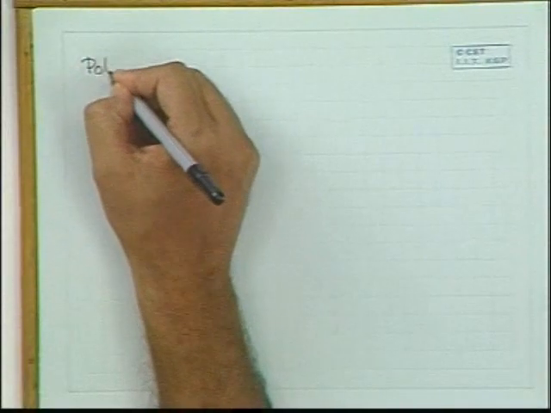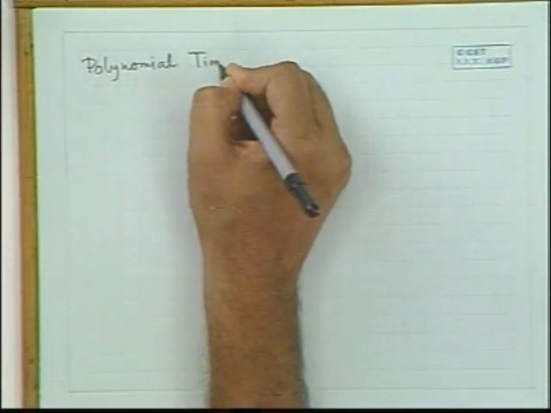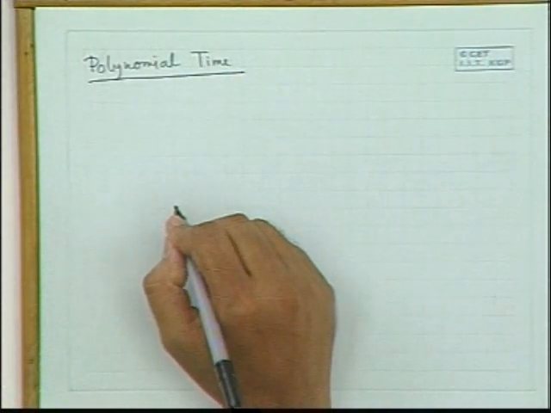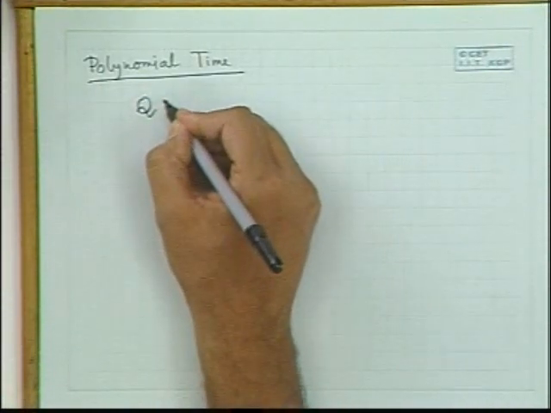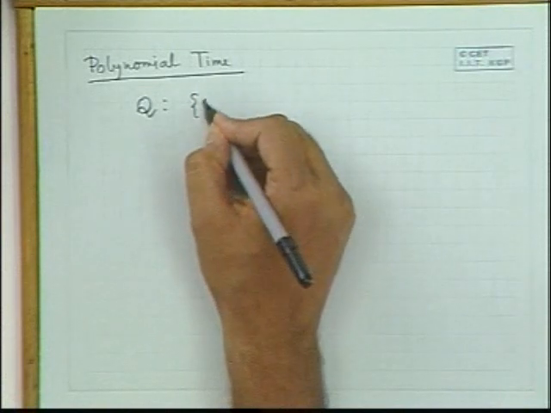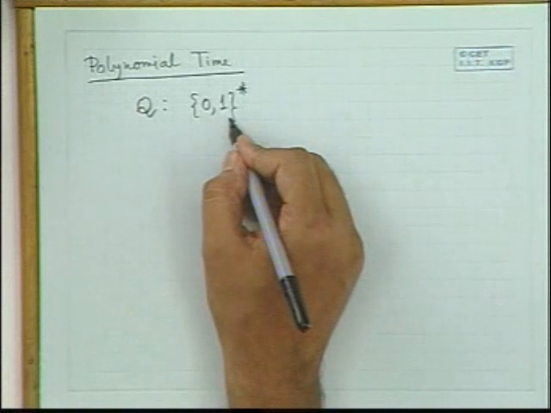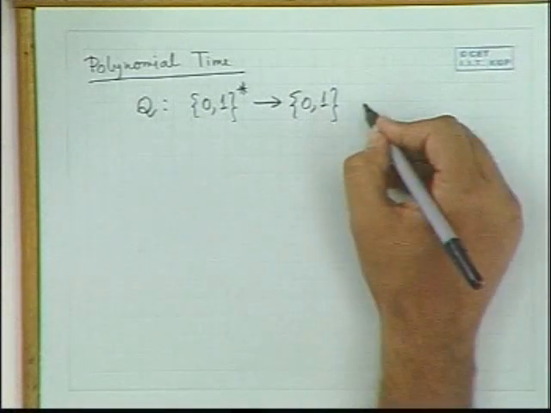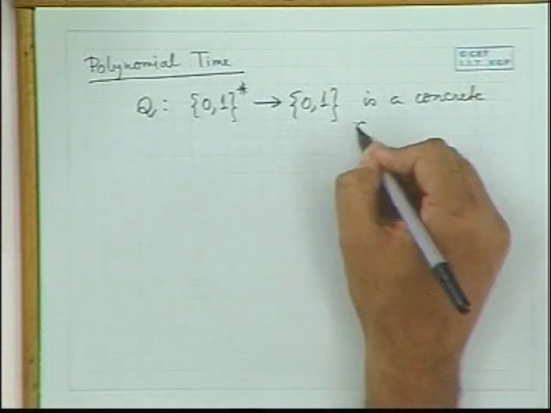Now let me define what we mean by polynomial time. First let me check how we define the problem. Problem Q takes an instance from {0,1}*, that is the binary string representing the instance, and maps it to {0,1}. So this is a concrete decision problem.